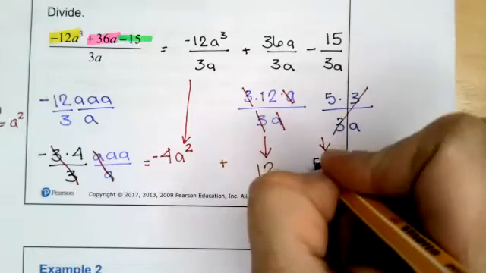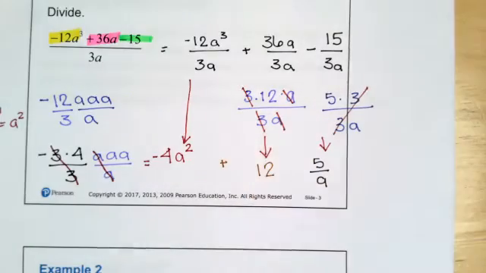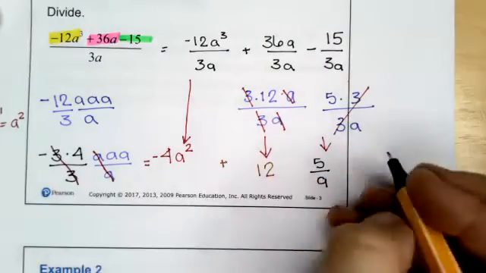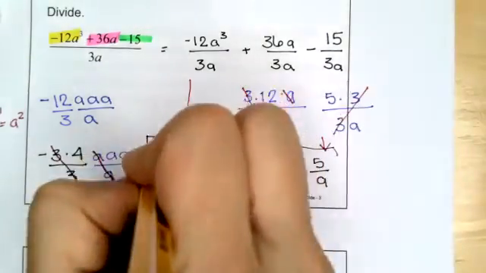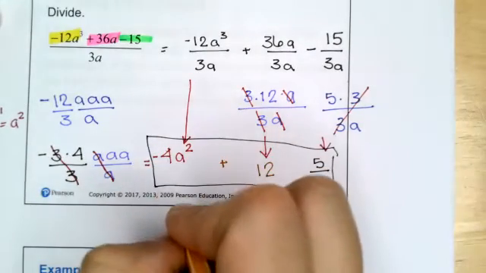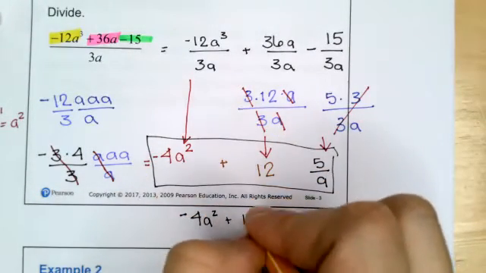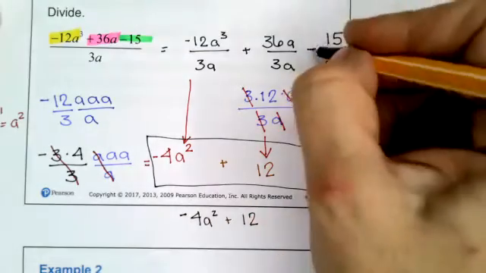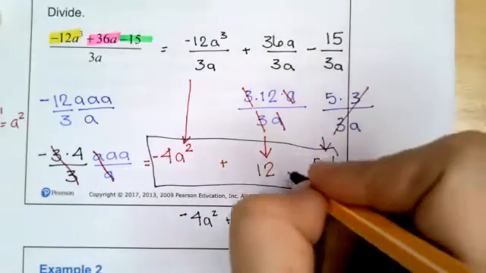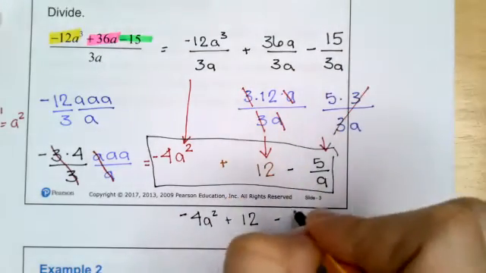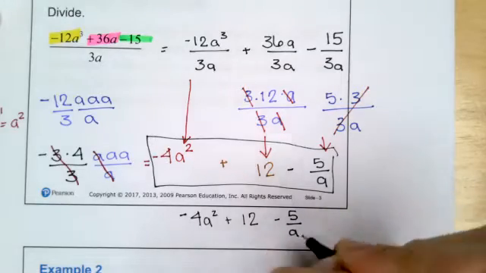This negative becomes 5 over a. And that's a perfectly fine answer, okay? So my final answer, all simplified, is negative 4a squared plus 12 minus, just carry that minus, 5 over a.